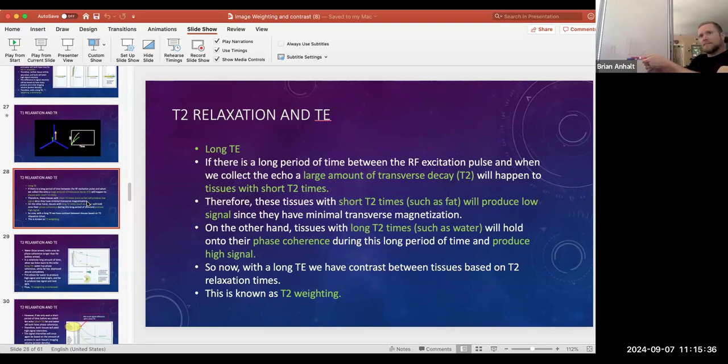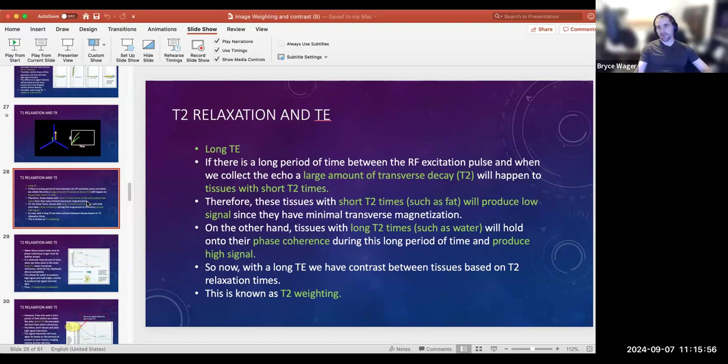Excite. Some tissues are going to have much quicker T2 decay times than other tissues. If we wait a long period of time until we listen back or collect the echo, tissues with short T2 times are going to look what? Dark.